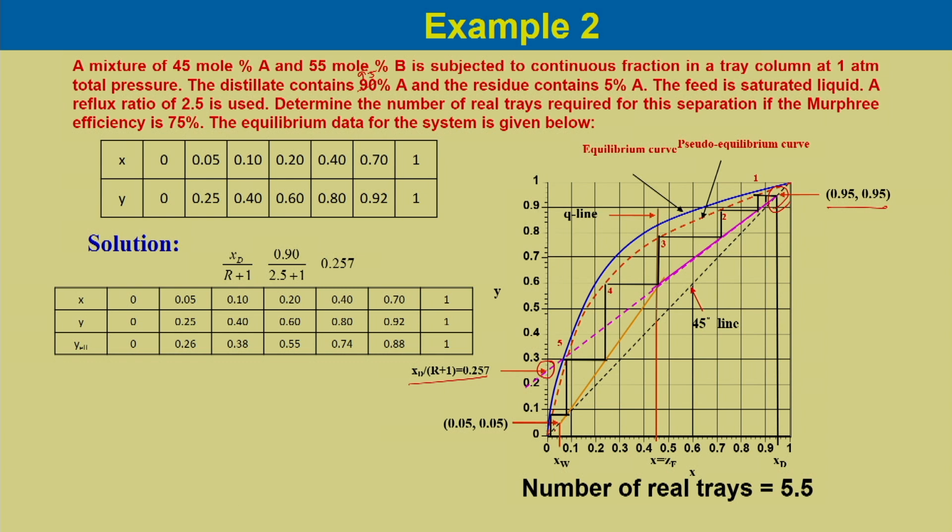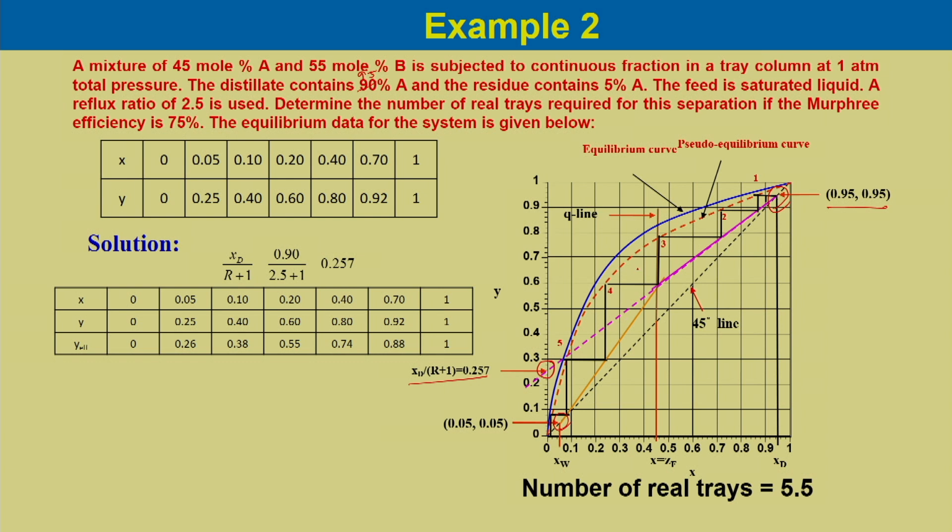So, with the intercept, you can plot the operating line for the rectifying section. The feed condition is given like earlier. So, you can plot the Q line for saturated liquid. So, Q line would be vertical. You know the bottom composition, which is 0.05. So, you can have the stripping section operating line.